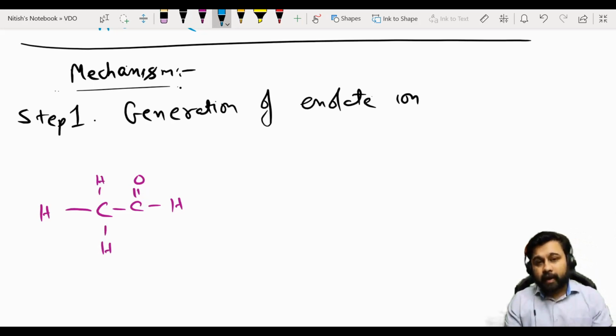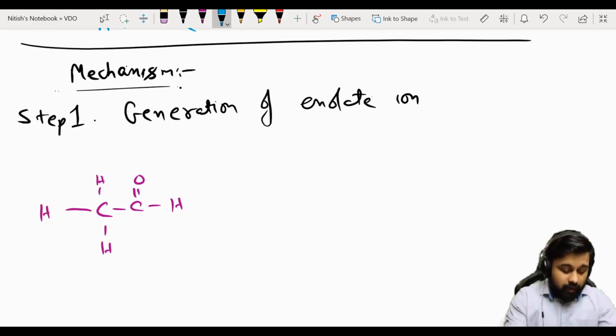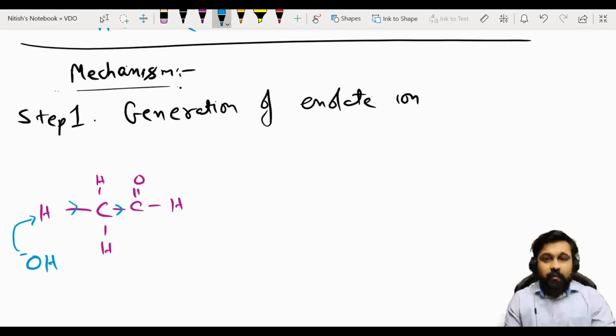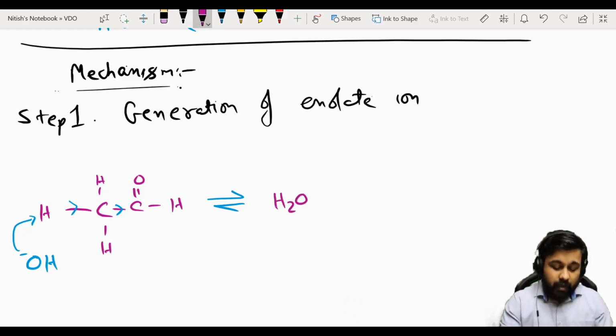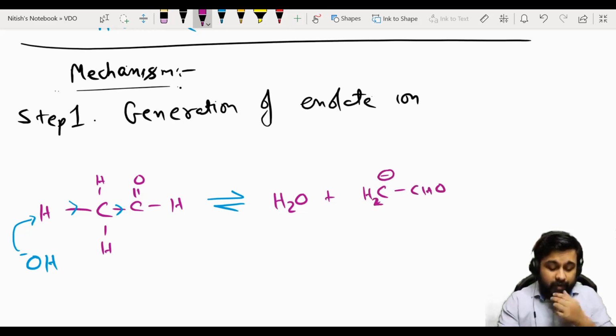Carbonyl being an electronegative group pulls electrons from the neighboring carbon, and that in turn pulls electrons away from its hydrogen. So this hydrogen will be a little bit electron deficient. Any base can now come close to this electron deficient hydrogen and abstract H positive, forming H2O and leaving behind a carbanion like this.